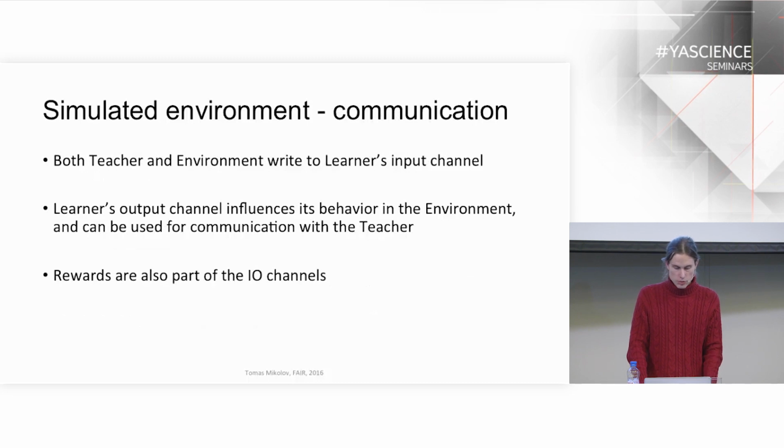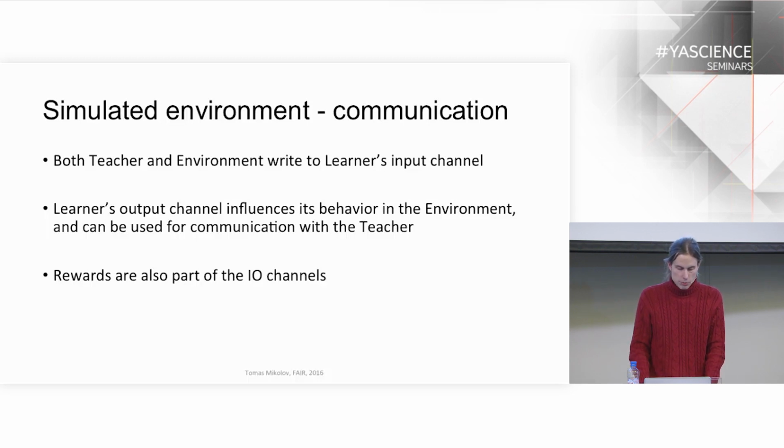So communication works in a very simple way. The learner has an input channel. It receives information from the environment and from the teacher in the form of simple sentences in a very simple language, and it also produces output that influences its own behavior in the environment. So if the learner wants to, for example, walk somewhere, then it will just say this command to the environment, and it will execute it.